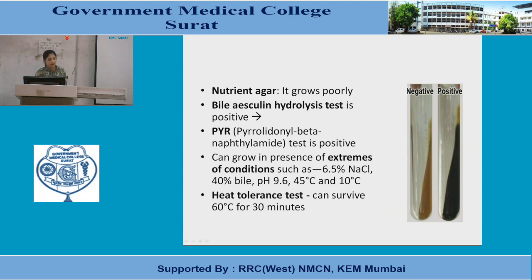Then the pyrrolidonyl beta naphthylamide test is also positive in case of enterococci, which can grow under extreme conditions. This is the characteristic of enterococci: they are able to grow at 45 degrees Celsius, and they stay for a longer time in 6.5% NaCl and 40% bile. In the heat tolerance test, they can survive at 60 degrees Celsius for 30 minutes.